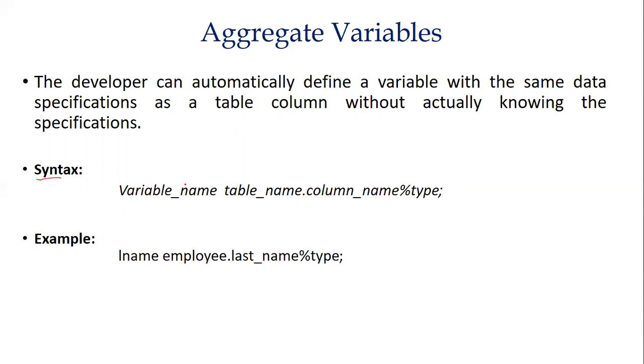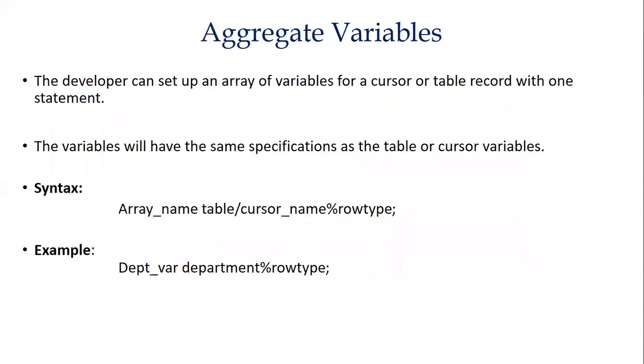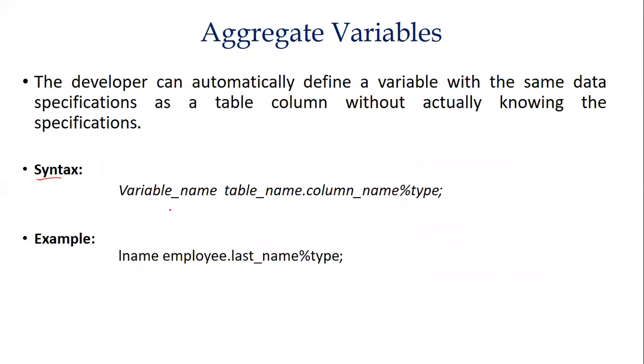These variables are associated with the table data type. You can see in this example: variable name, table dot column. Here the variable type will be assigned automatically from the column type. Normally we have to declare a variable and specify the data type, but here the data type of the variable will be automatically fetched from the table.